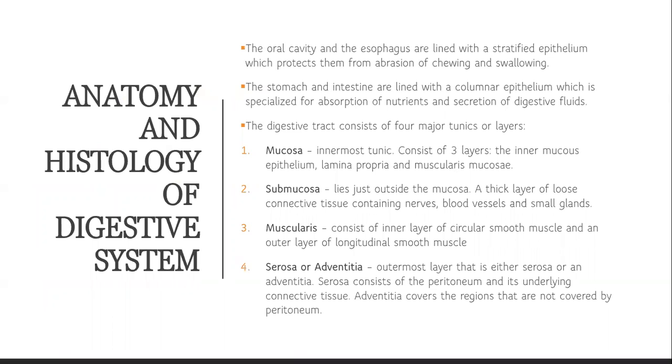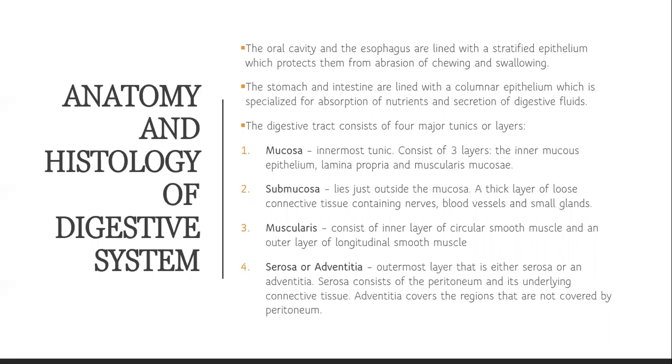Our oral cavity and esophagus are lined with stratified epithelium, which protects them from abrasion of chewing and swallowing, while our stomach and intestine are lined with columnar epithelium, which is specialized for absorption of nutrients and secretion of digestive fluids.